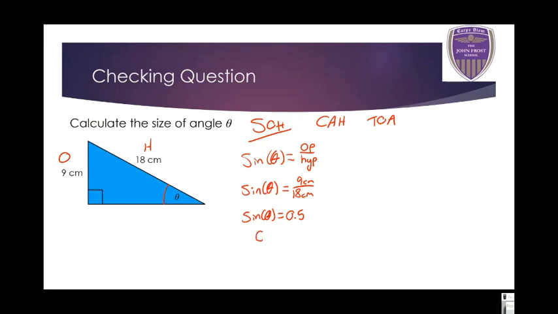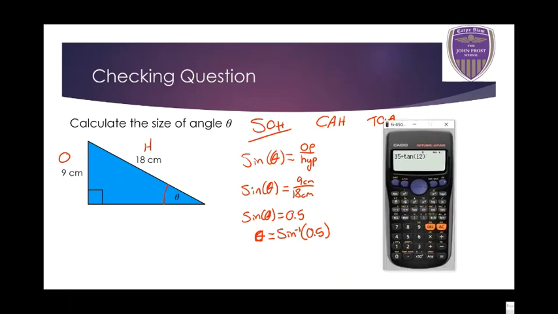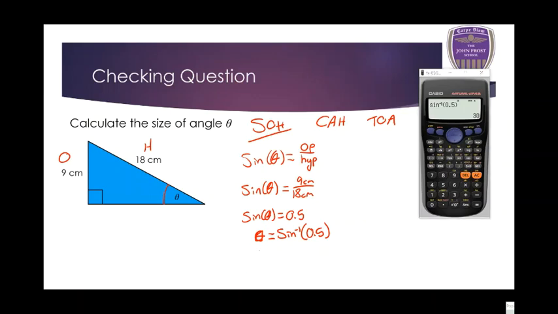What that means is that theta is equal to inverse sine, so that's sine minus 1 of 0.5. If you did that in your calculator, shift sine 0.5, press go, you find that the angle theta is equal to 30 degrees.